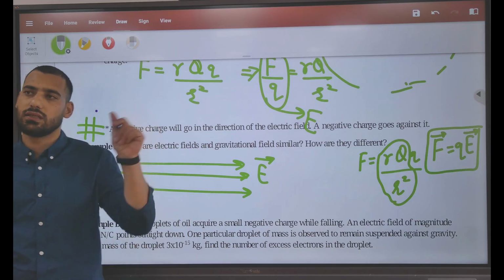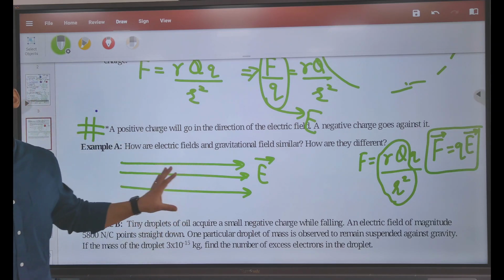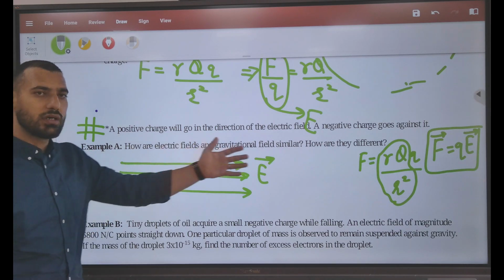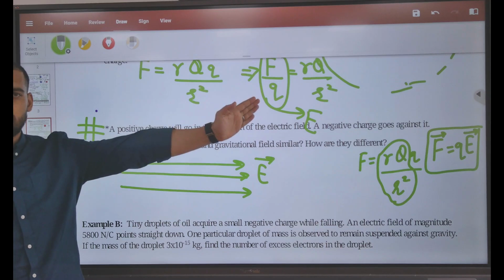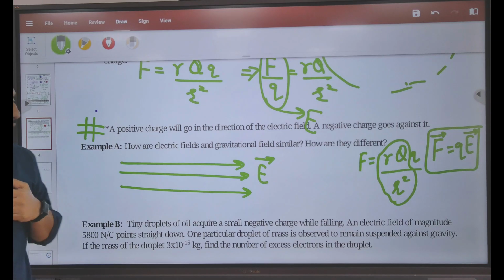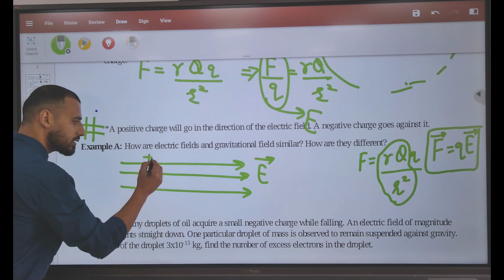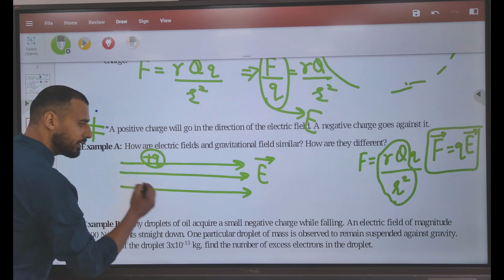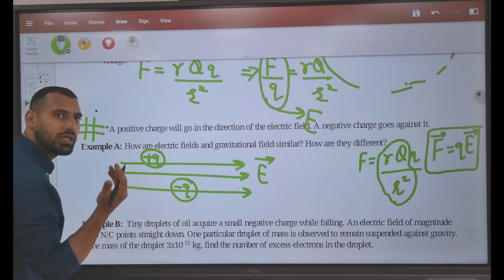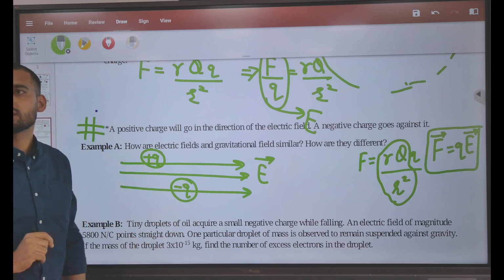Now see. I have shown the electric field here. This is the electric field, from left to right. I place two charges inside. One is plus small q and the other one is negative small q. Can you tell me what will happen to these two charges?